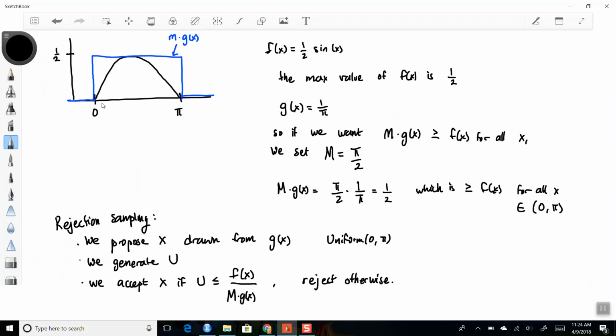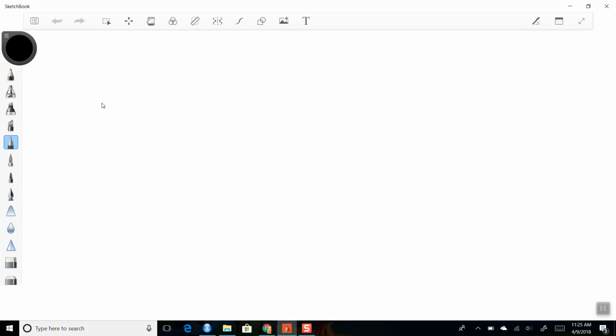All right. If we are good with the uniform proposal case, then we will move on to rejection sampling, the general case.